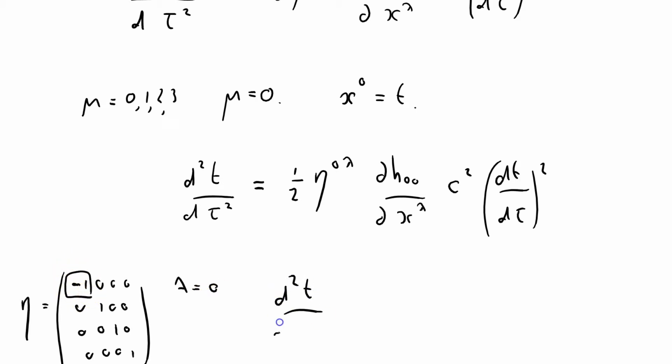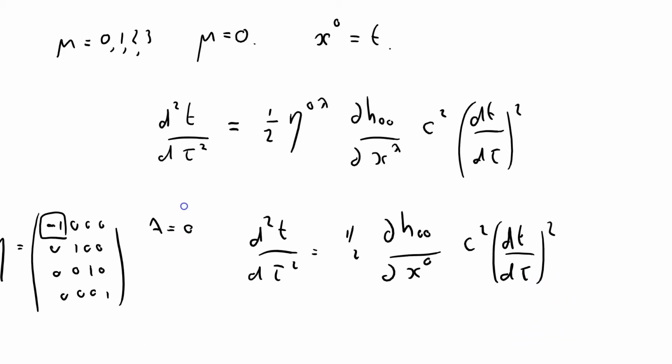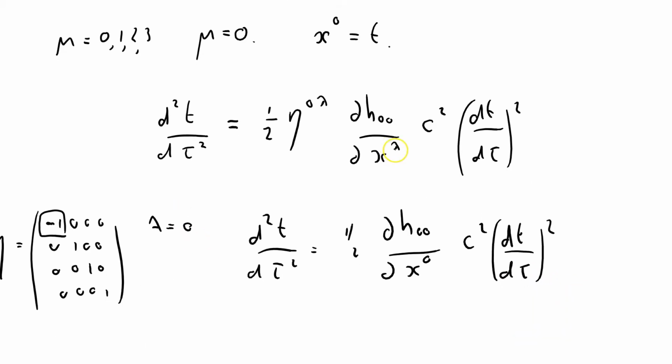So d2t by d tau squared equals a half di h00 by di, well, x0, I guess, times c squared times dt by d tau squared. Because we're picking out the only one on this row here that's 0 is the lambda equals 0 term. So I guess there's a minus sign there because I'm using this metric here.